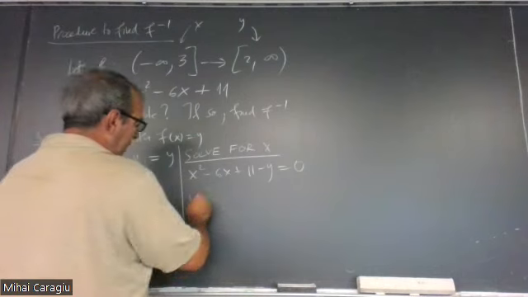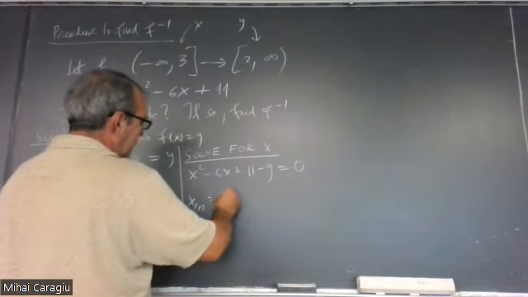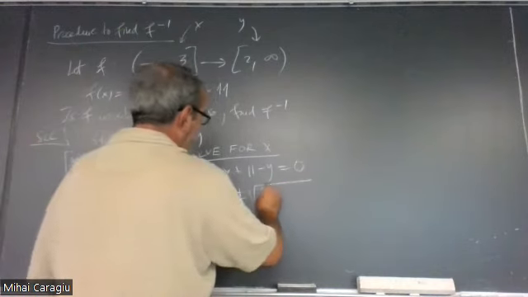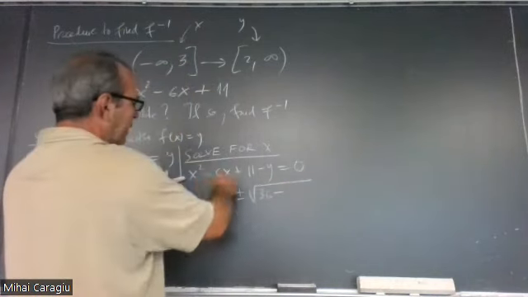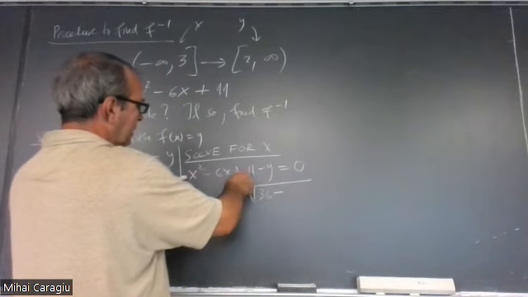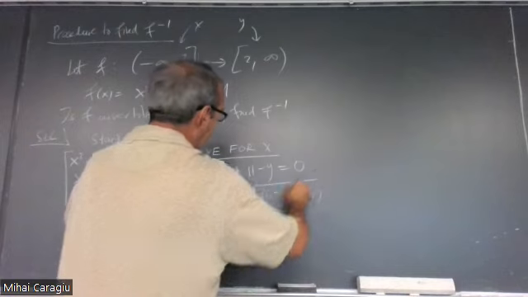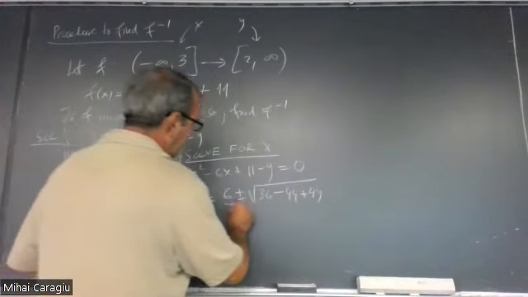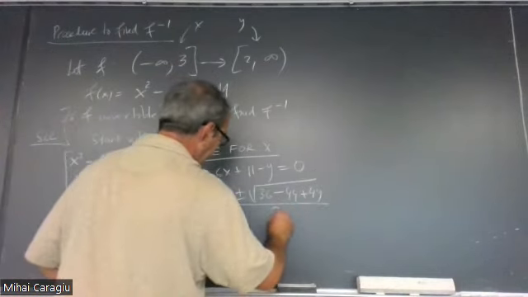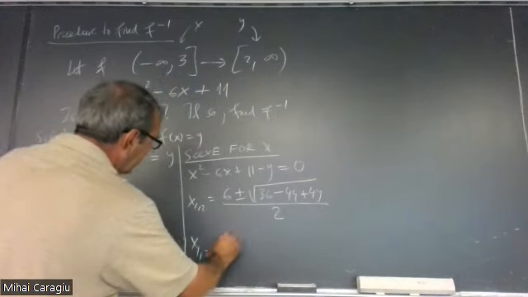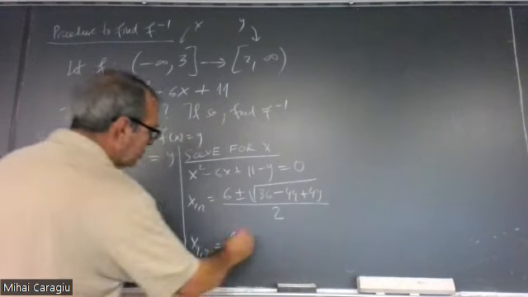So let's use the quadratic formula. x1,2 equals 6 plus minus the square root of 36 minus 4 times 1 times (11 minus y), so minus 4 times 11 is minus 44 plus 4y, that is minus 4ac, divided by 2a, divided by 2.